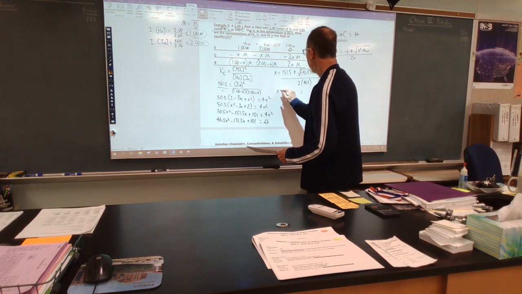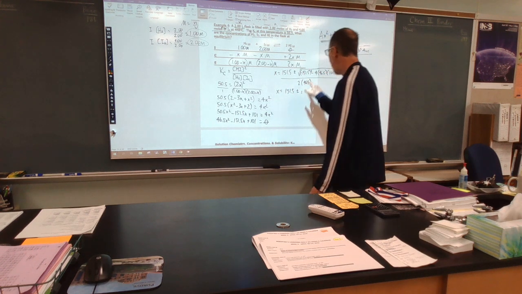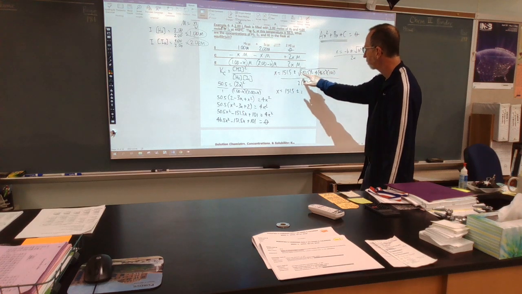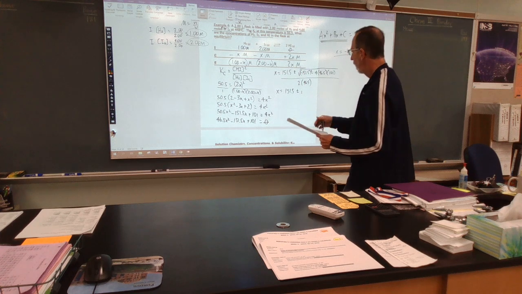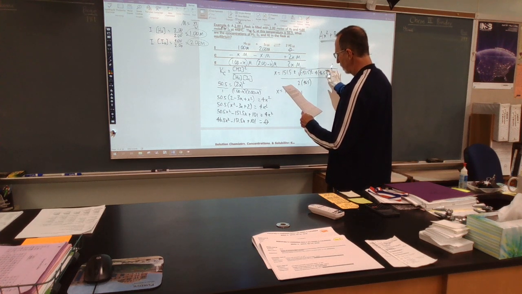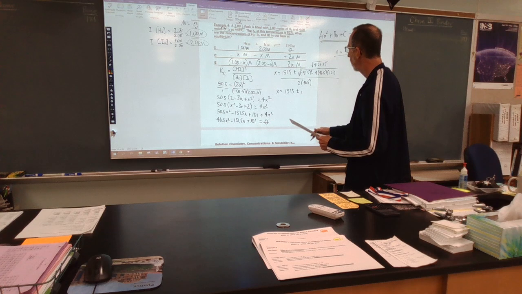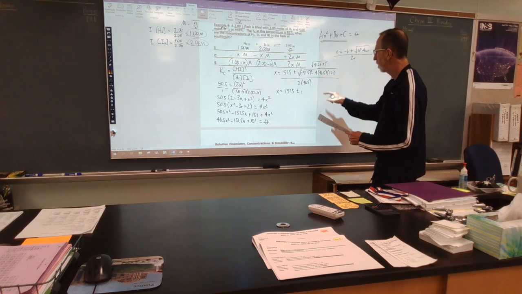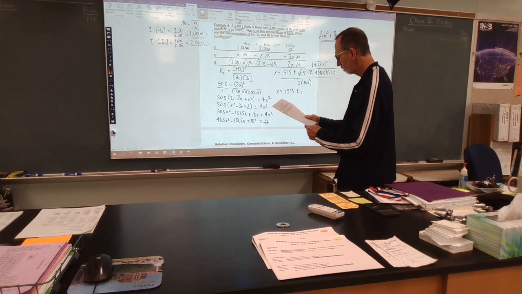So x then comes out to be 151.5 plus or minus. When I did all this in here and took the square root of that, all inside here was actually 4,166.25, square root of all that. When I squared that and subtracted all that out, I got 4166.25.